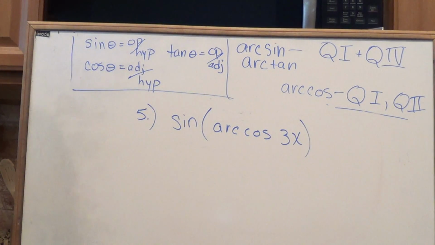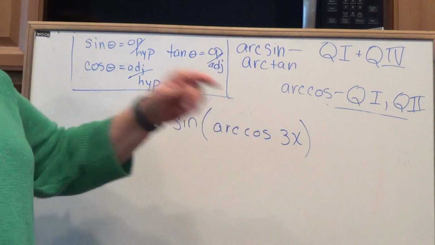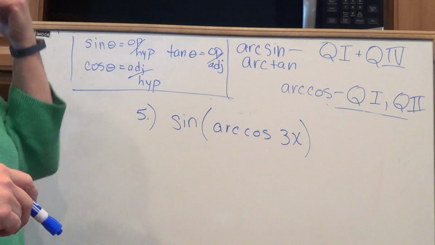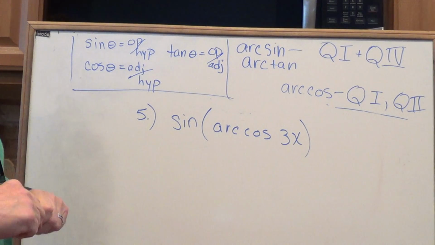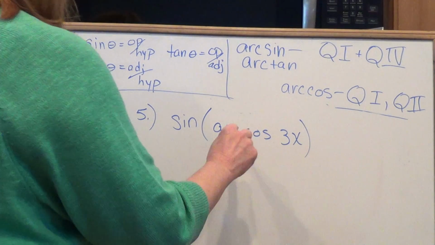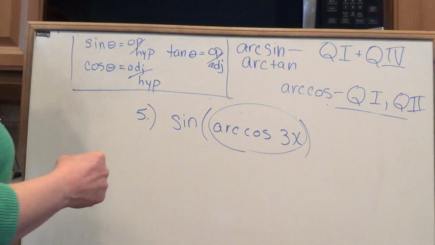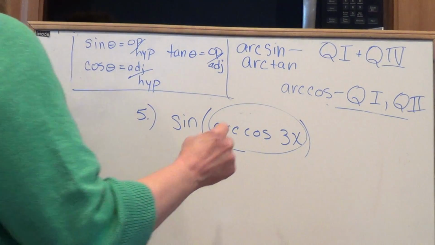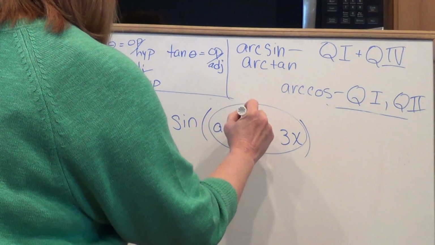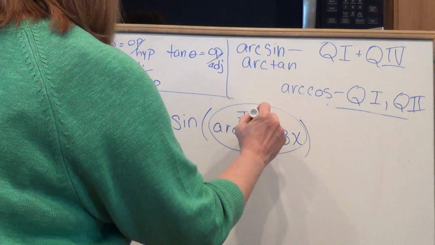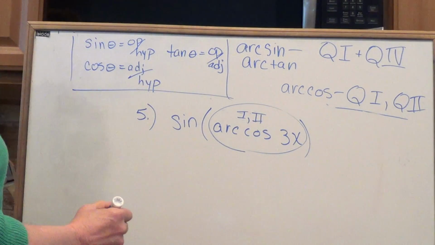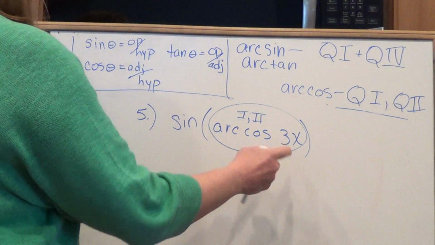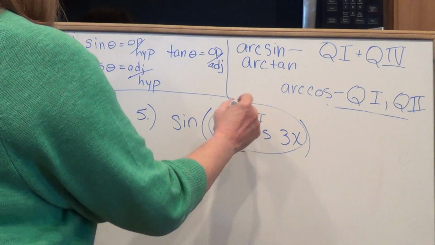I think I introduced a variable inside this argument here, so we're going to get comfortable with that. First of all, we go into the inner part, and we are looking for an angle that has a cosine of 3x. We are only allowed to look in the first and second quadrants. It's positive. We'll look in the first.